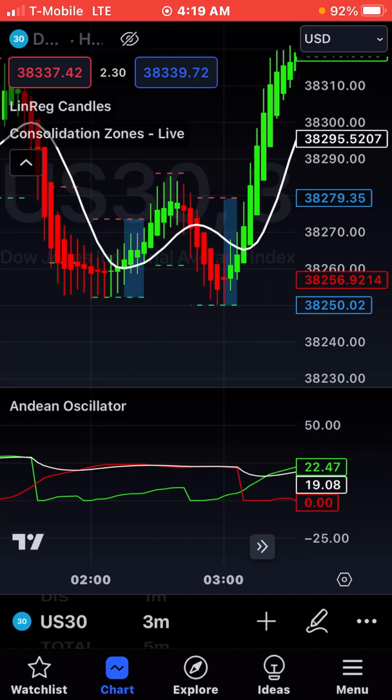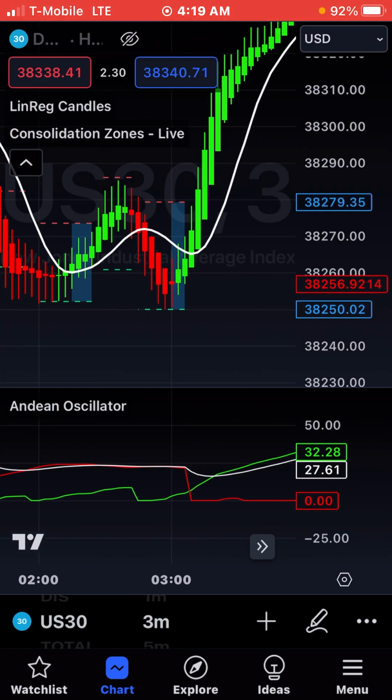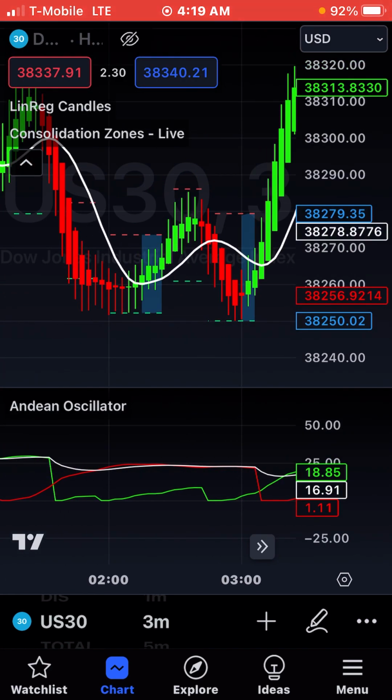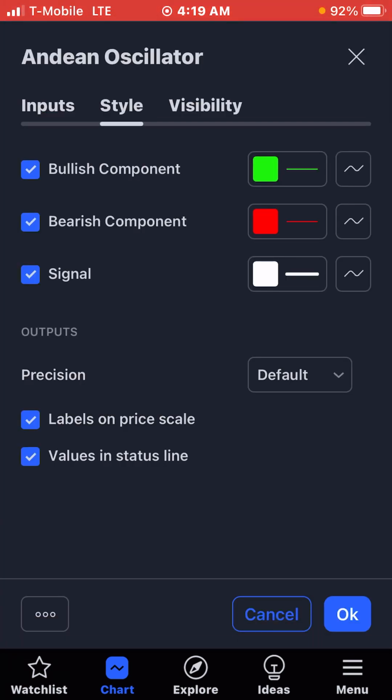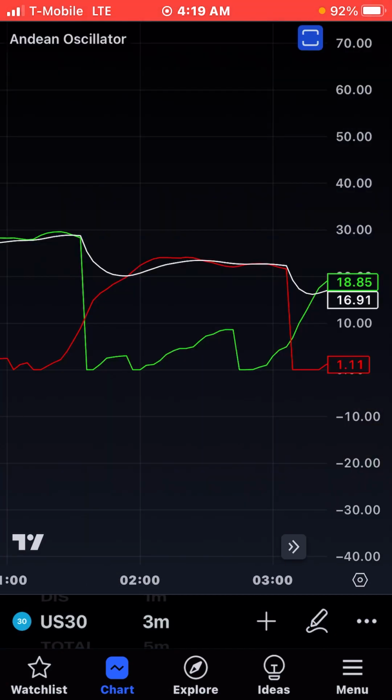So try to not look at the candles as much because it will just throw you off. It gets a little distracting because your main focus becomes what the candles are doing, and you're really not looking at the oscillator here. I do this a lot.